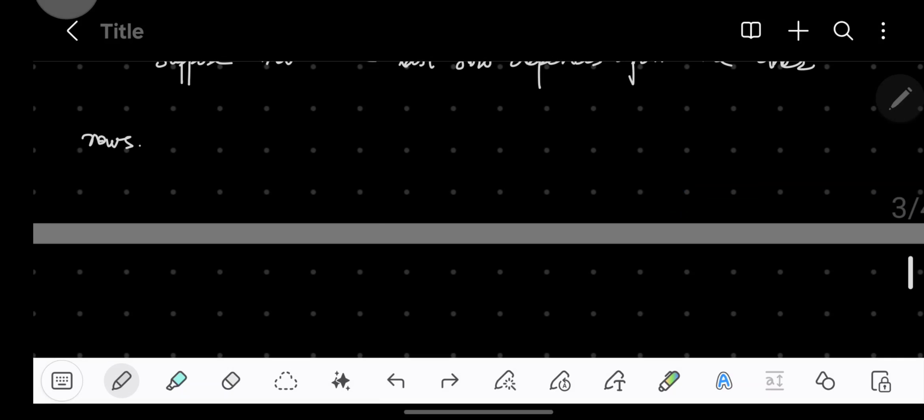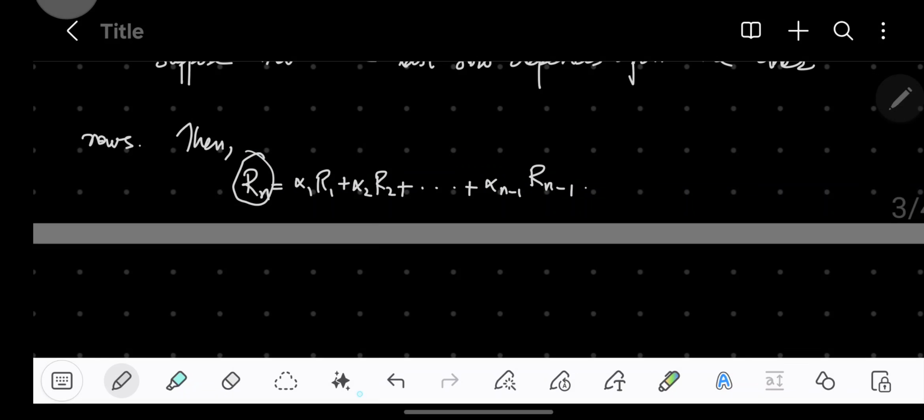Since we have n rows, and the last row depends upon the others, Rn, the last row, depends upon the previous rows. You can check: Rn is equal to a combination of R1, R2, R3, and so on up to Rn minus 1. There are total n rows: the first n minus 1 rows and the last nth row.